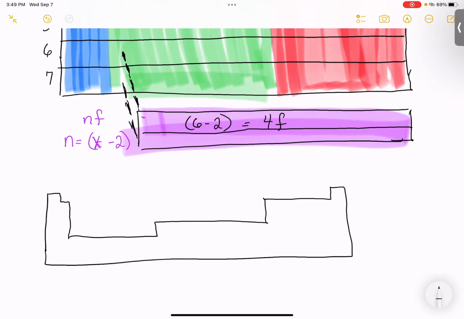If we were to try to draw our periodic table out, it just is that this 4F down here is even higher in energy than the 6S is. And so it comes in later in the process. But it's 4F because that's when the F subshell becomes available, in principal quantum 4, until after the 6S does, because of energy.